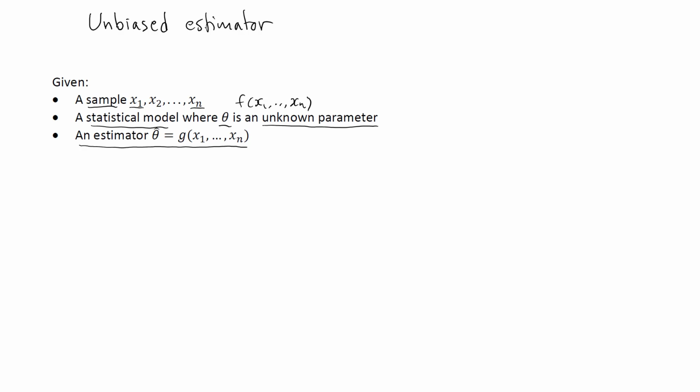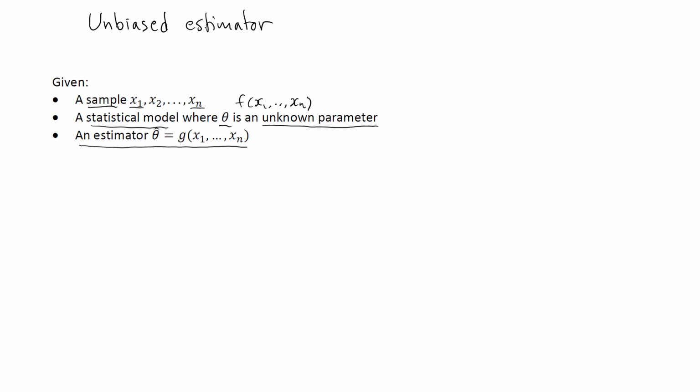So you are faced with a bunch of numbers, and from these numbers, you are to come up with a guess of theta. So what you do is that you design a rule that will provide a guess from the sample. The rule is simply based on feeding the sample into a function g, and the output of this function g will be your guess.